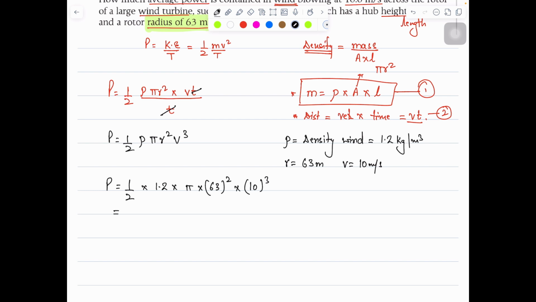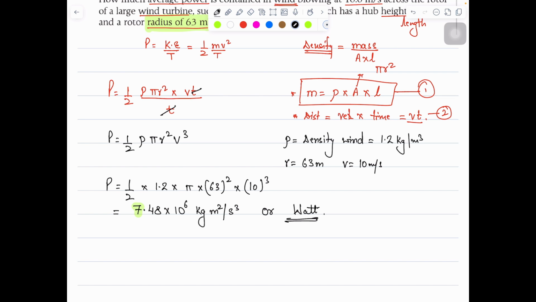Solve it, put it in your calculator. So you will get 7.48 times 10 raised to power 6 kg meter square per second cube, or you can write watt. Clear? So like this you need to solve this question.